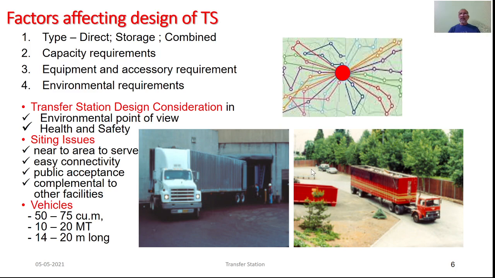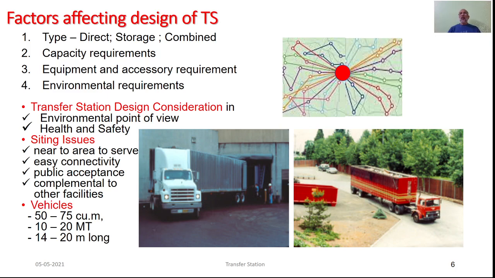Here you can see that the vehicles leading to other facilities from the transfer station could have a capacity of 50 to 75 cubic meters. They have a carriage capacity of 10 to 20 metric tons, and these vehicles are quite huge, almost 14 to 20 meters long.